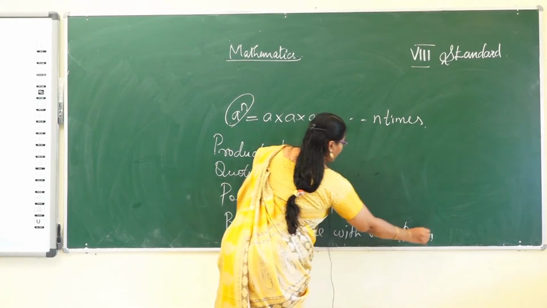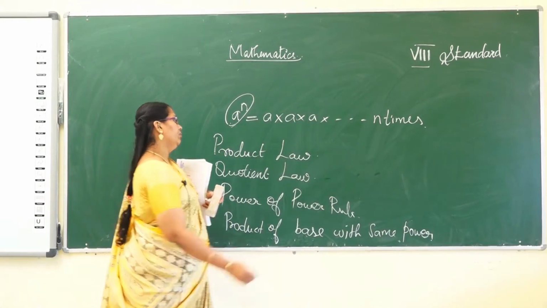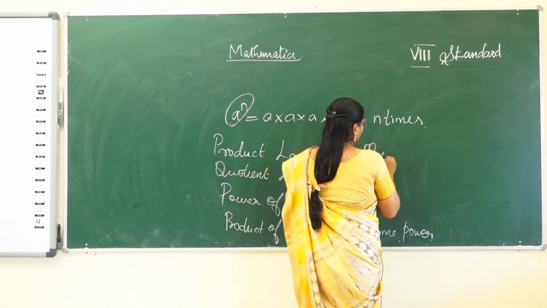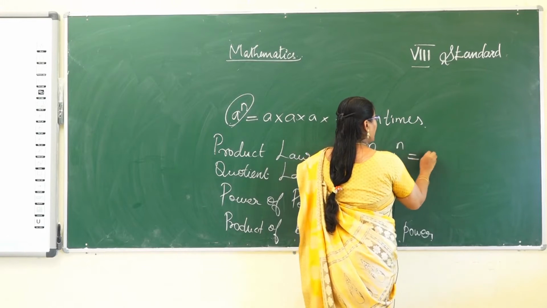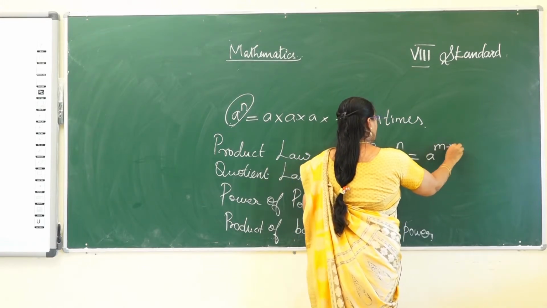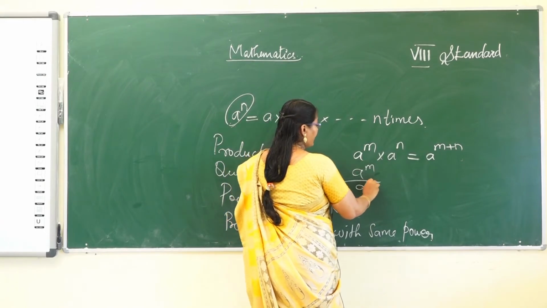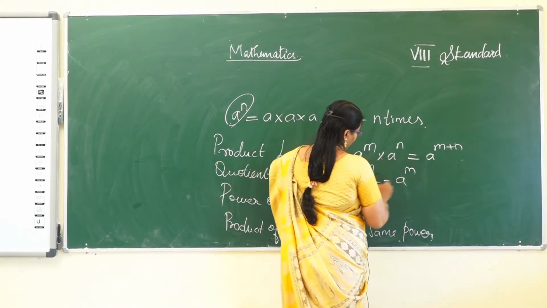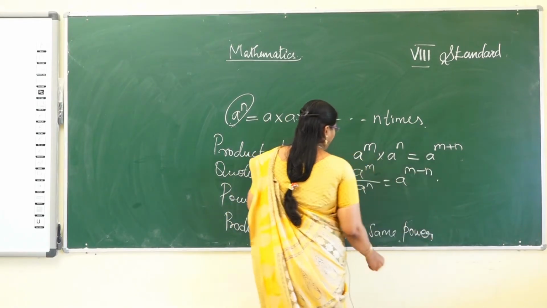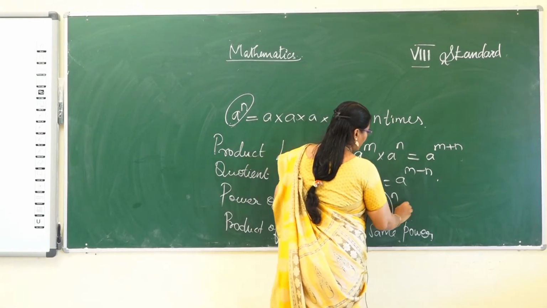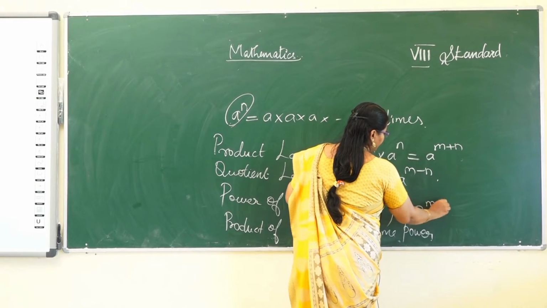So product rule: a power m into a power n is equal to a power m plus n. Quotient rule: a power m divided by a power n is equal to a power m minus n. Power rule: a power m, the whole power n is equal to a power mn.